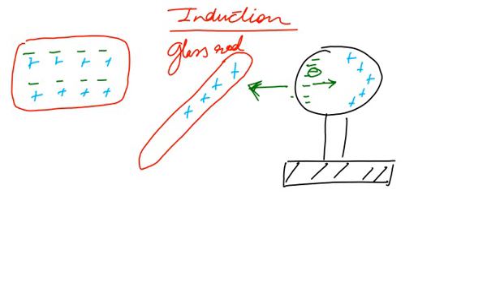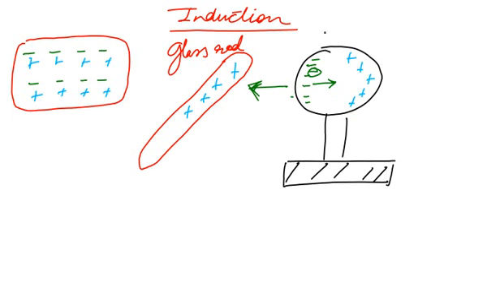A stage is reached when these forces come into equilibrium and induction stops, meaning no more charge separation takes place. This limits the amount of charge being separated. This is how induction takes place on any object.